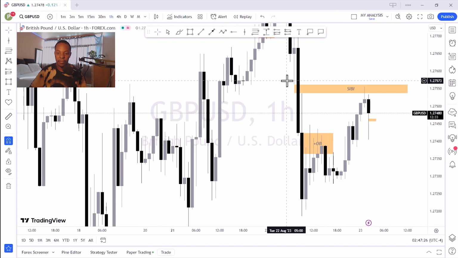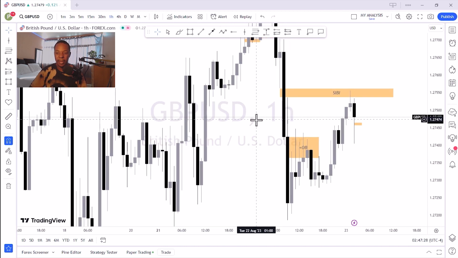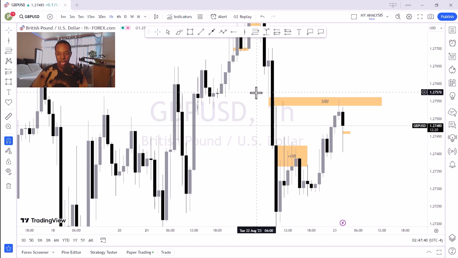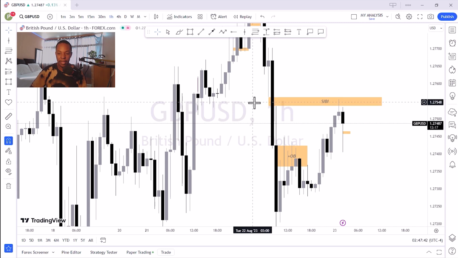I could have extended my SL above this CB, but I couldn't afford the SL. It was way more than I should be risking per trade, so I just put it there. I don't want to risk more than that.